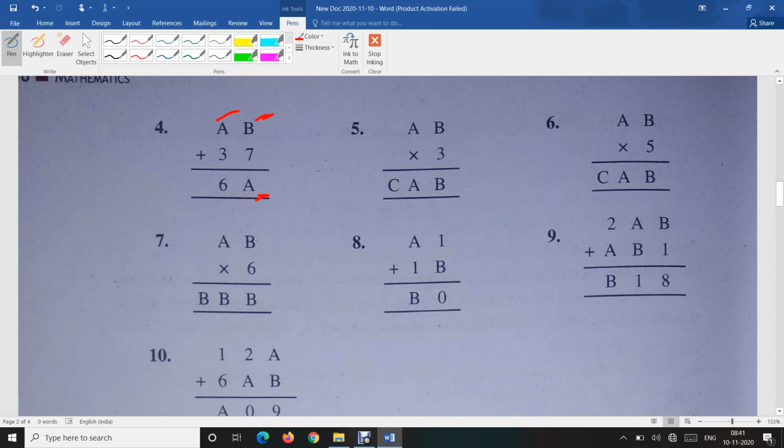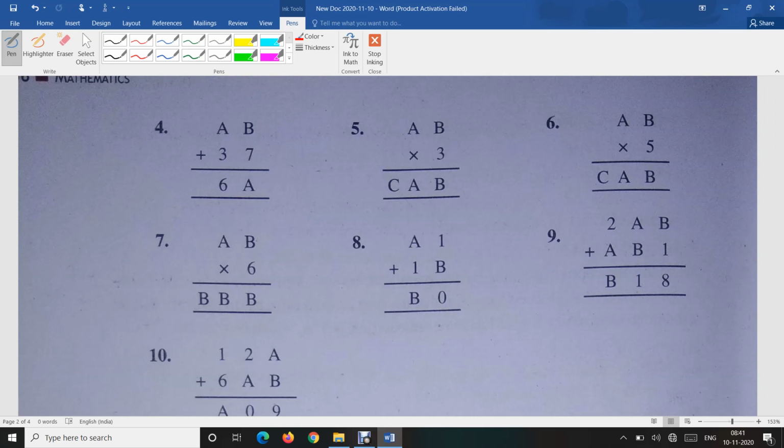So there is one thing which is clear from here, that the value which comes here, the same value came here, because we have studied that each digit can represent only one digit. That means value of a should be same everywhere in the same question.